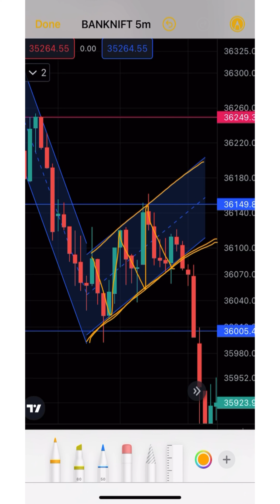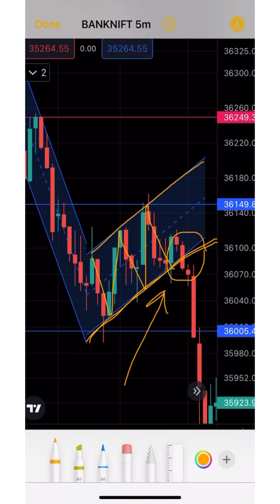Here you can see a red candle that has closed below this parallel line. So this point is called the breakout point. This is a level where you can make an entry, but you need to make sure that the red candle is closed, then only make an entry at this point of time.